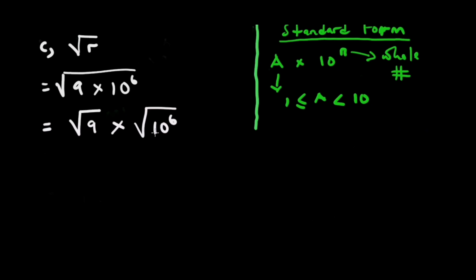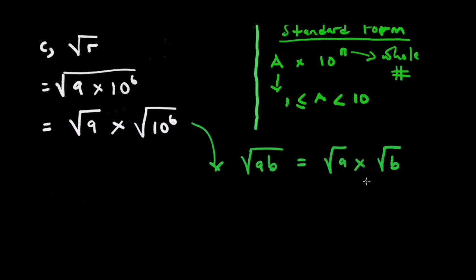Where does this come from? We should know that the square root of ab is equal to the square root of a times the square root of b.